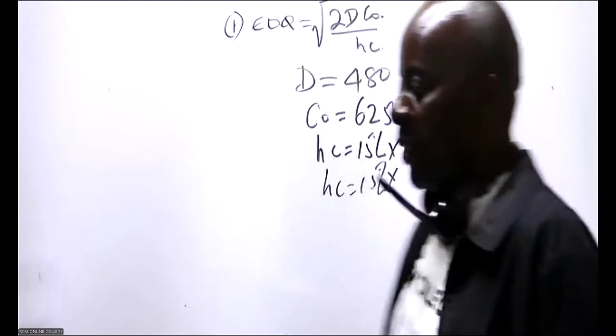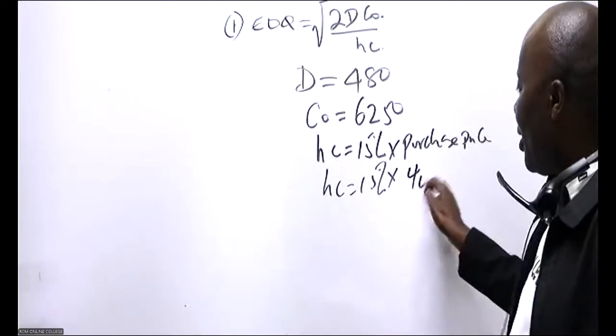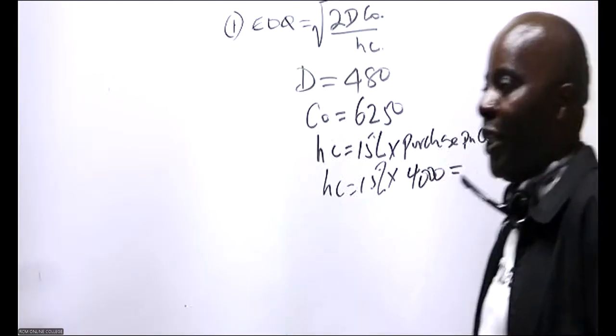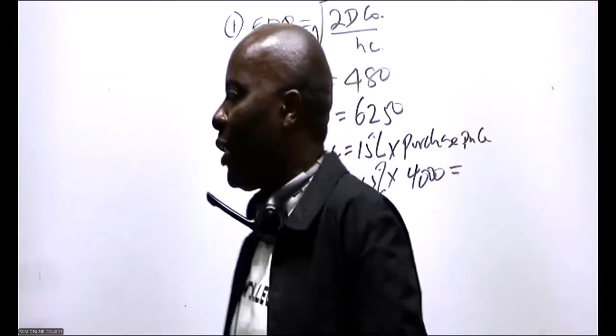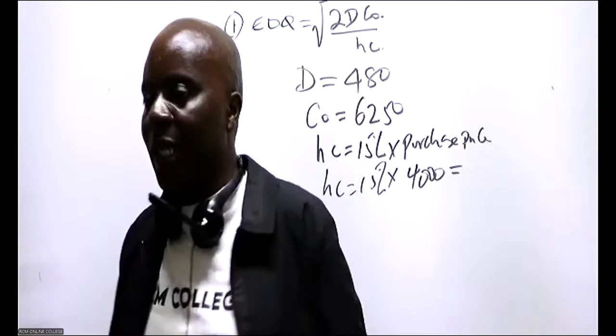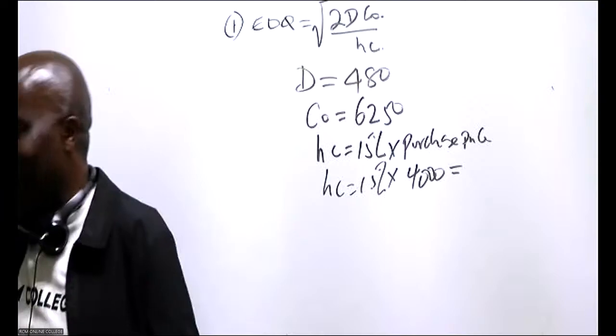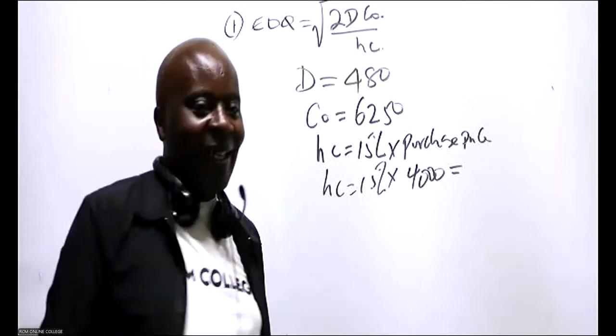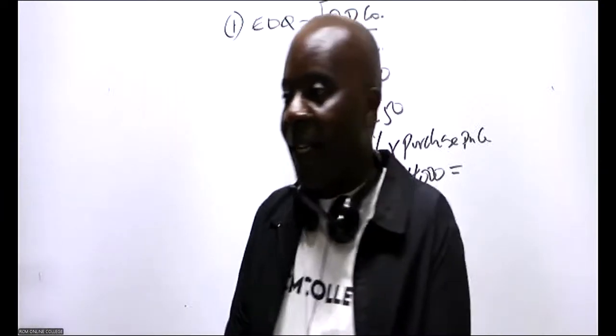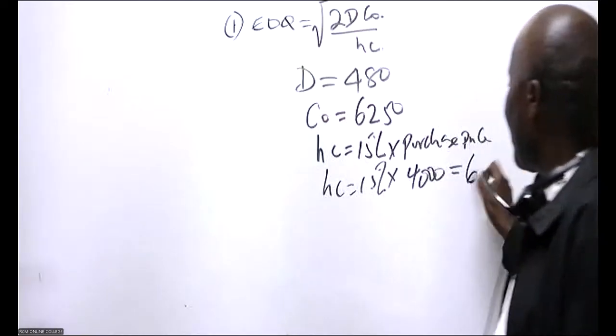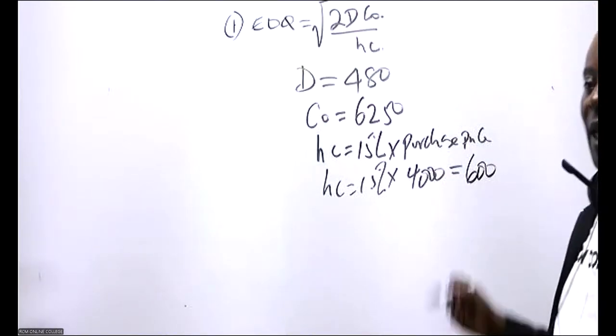So then 15% times 4,000. What are we able to get there? 600. Now we have everything.